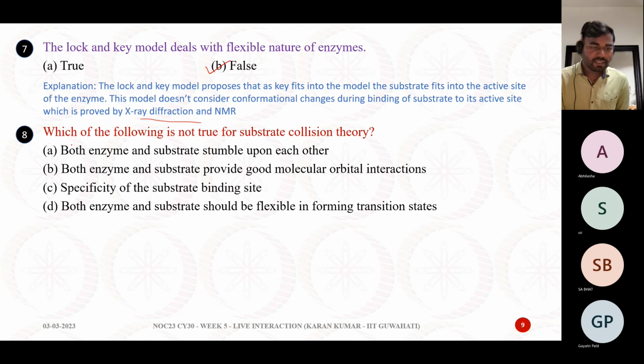Which statement do you think is not true for the substrate collision theory? Option A, both enzyme and substrate stumble upon each other. Option B, both enzyme and substrate provide good molecular orbital interaction. Option C, specificity of the substrate binding site. And option D, both enzyme and substrate should be flexible in forming the transition state. So option D. Yeah, the substrate should not be flexible in forming the transition state.